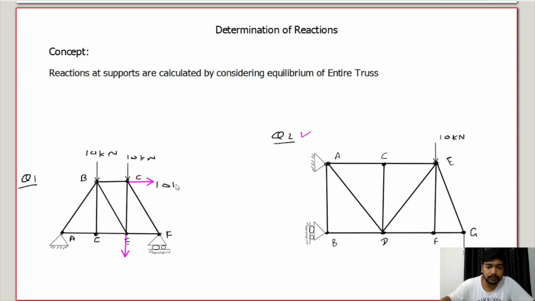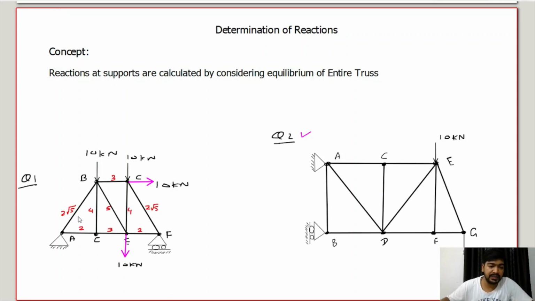This is also 10 kilonewton. This is also 10 kilonewton. Okay, and all the lengths which are given, let me give you the length. One second.